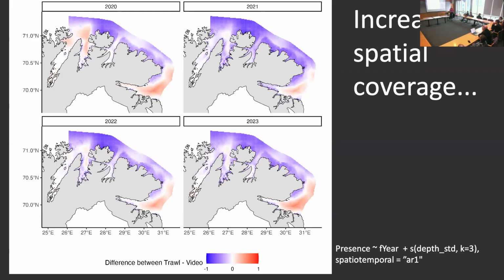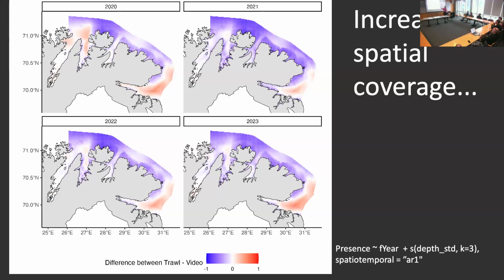Here's an example. Maybe I should have emphasized it, but the video is one of the only surveys that really covers these outermost regions, because they're not easy to trawl and it's not easy to put pots there. This is just an illustration of modelled presence absence, and the variation between trawl and video.